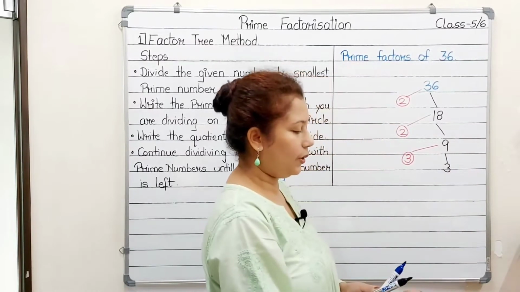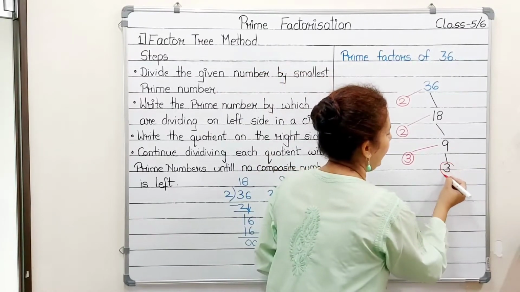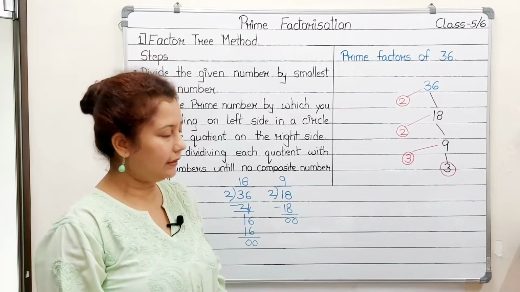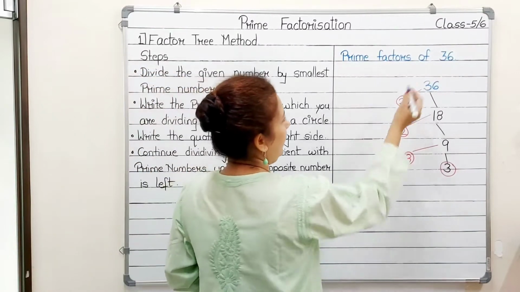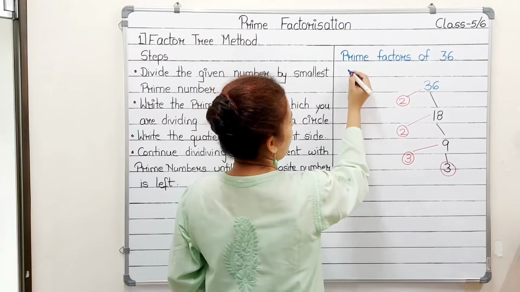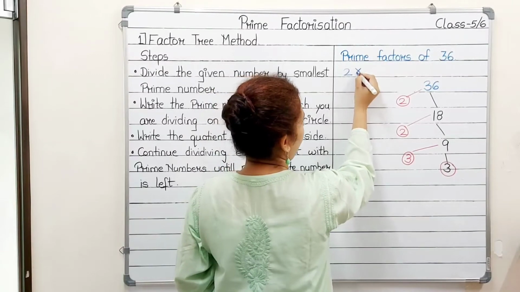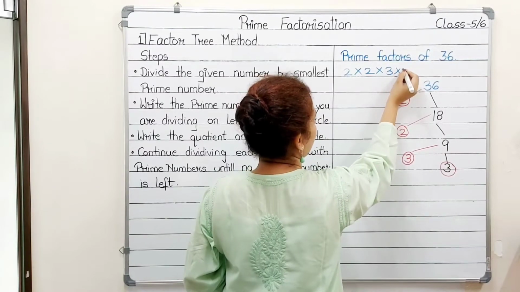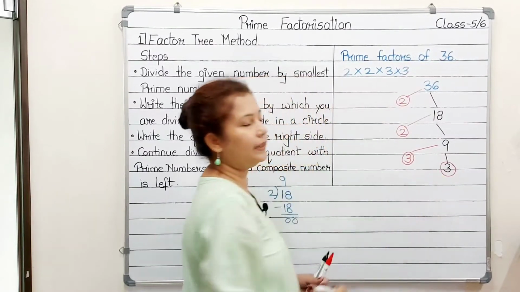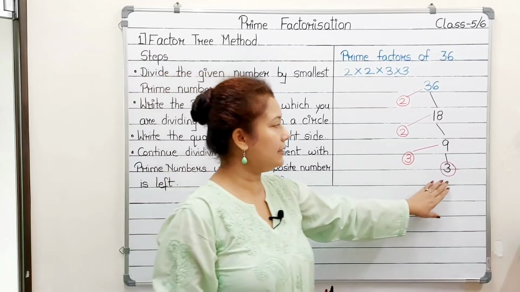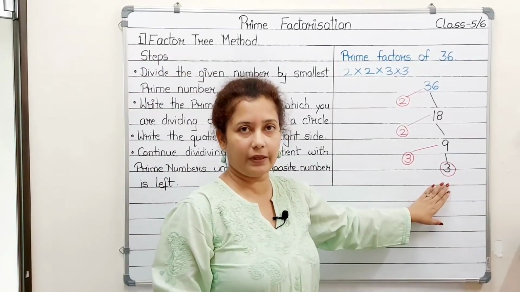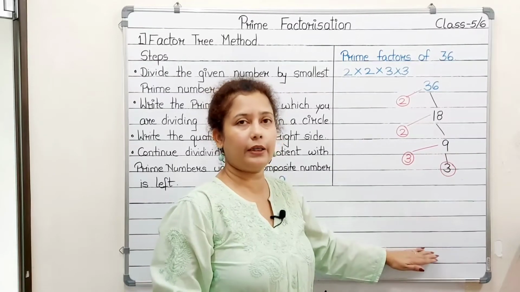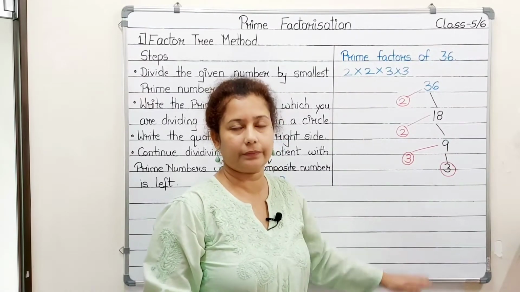But here 3 is also a prime number, so we will stop dividing here. So the prime factors of 36 will be 2 into 2 into 3 into 3. We have stopped the division over here because the last number we got is a prime number. If it is a composite number, then we have to continue the process further.